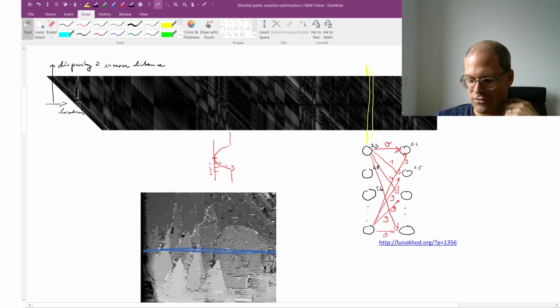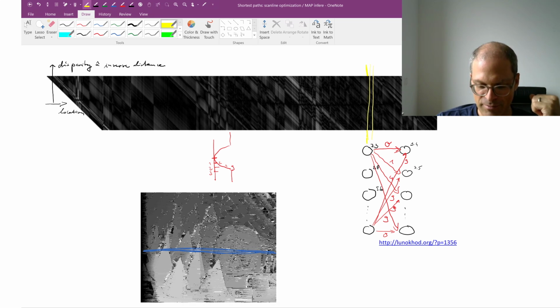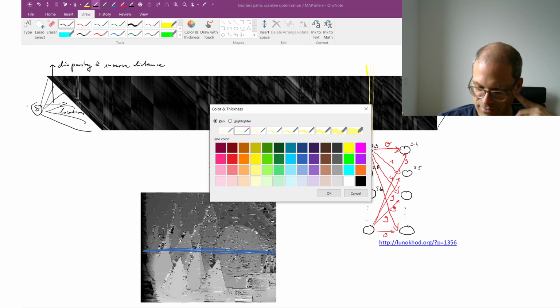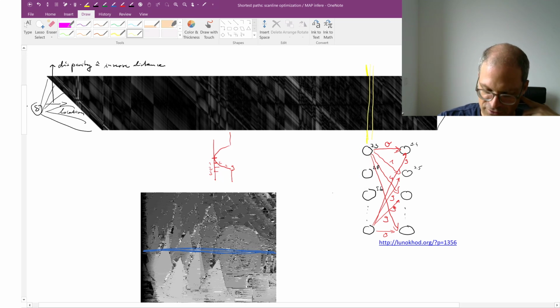So we built this pretty big trellis graph for each scan line, and then we look for the shortest path from S, which connects to all of these, to T. Subject to these smoothness constraints, we find some shortest path.